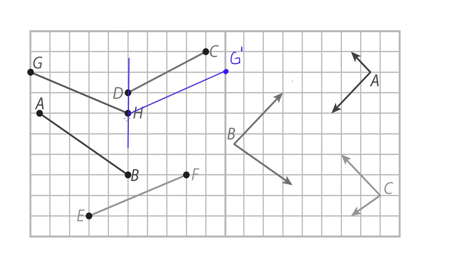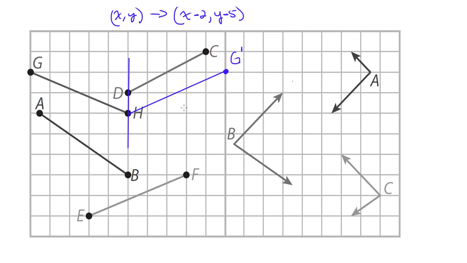If I take a look, to get from H to E, I would have to go left 2 and then down 1, 2, 3, 4, 5. So in other words, (x, y) becomes left 2, that's minus 2, and down 5 for y would be minus 5.